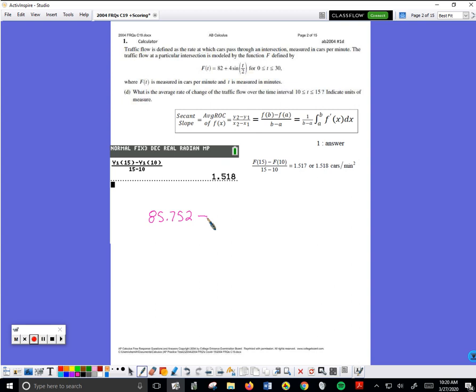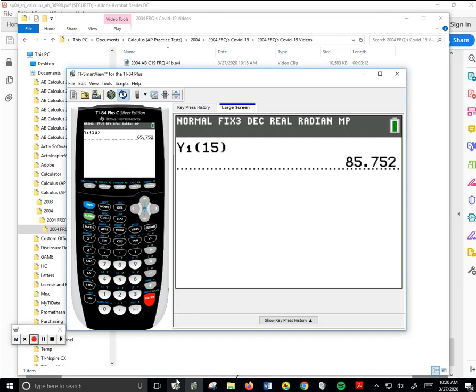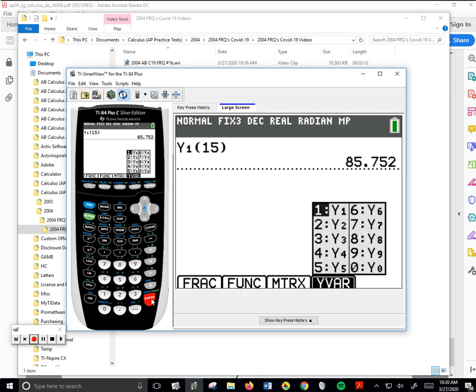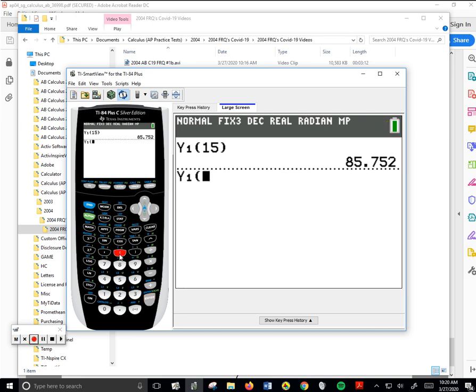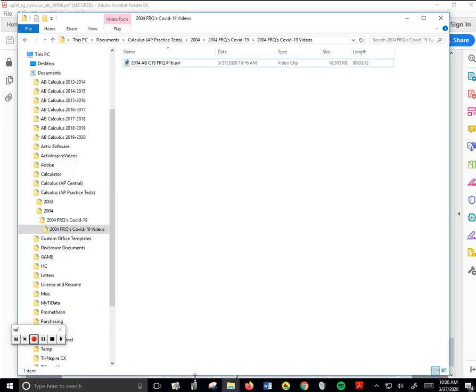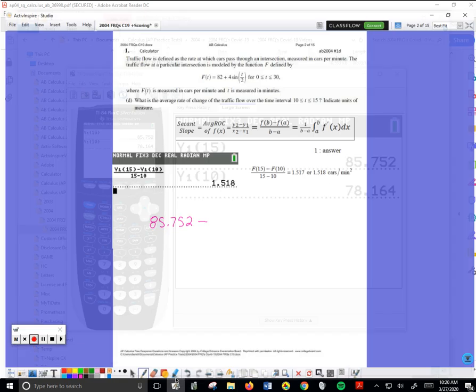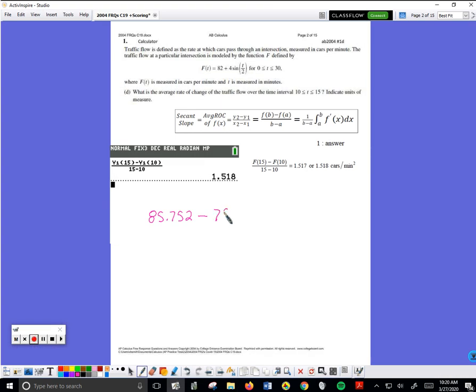I compare that to what the traffic flow was at time 10. Traffic flow was only 78.164. 78.164 is the traffic flow at hour 10.